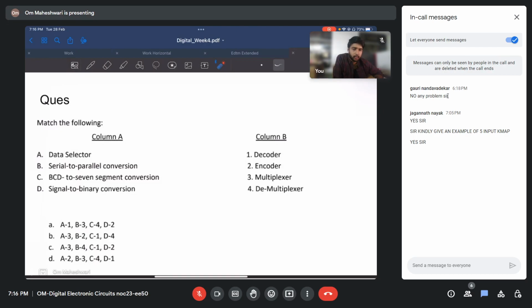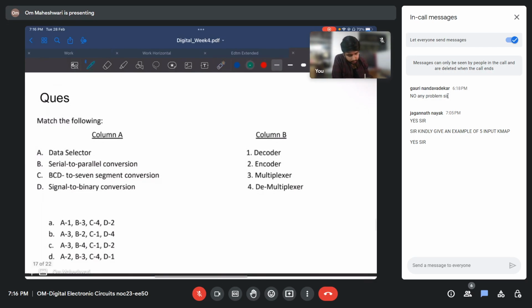Okay, so the question is match the following. Data selector will be multiplexer, since we have select lines and we select the incoming data at the output. Serial to parallel conversion.